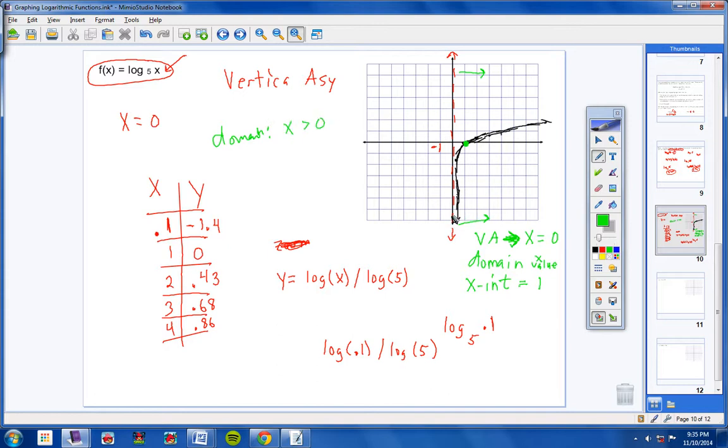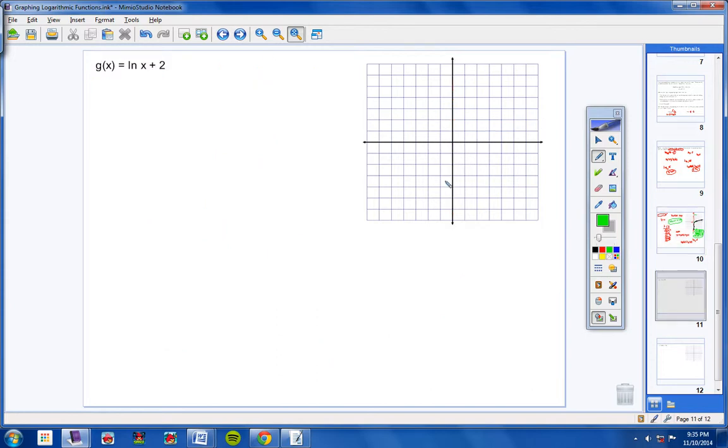That's all you got to put, because your asymptote was 0, and you're to the right of the asymptote. There we go. Done. Moving on. We'll do some more of these, all right? But make sure you know how to find the domain, x-intercept, and vertical asymptote. All right, moving on to the next one. Copy this in your notes, please.